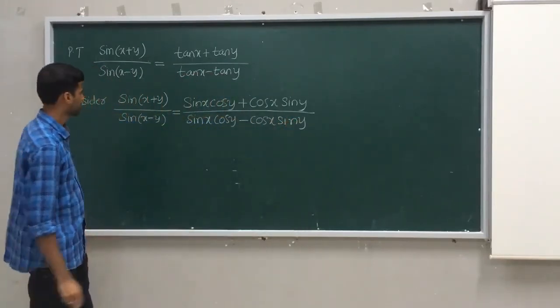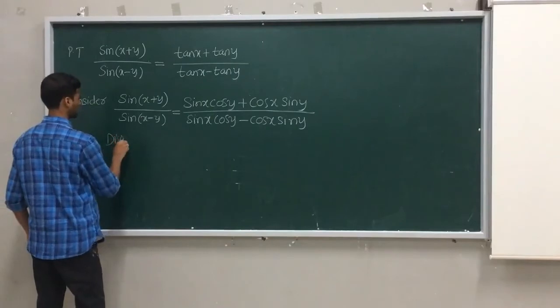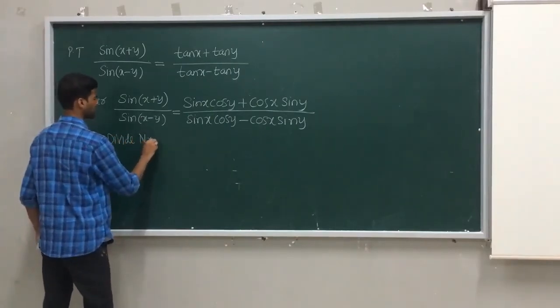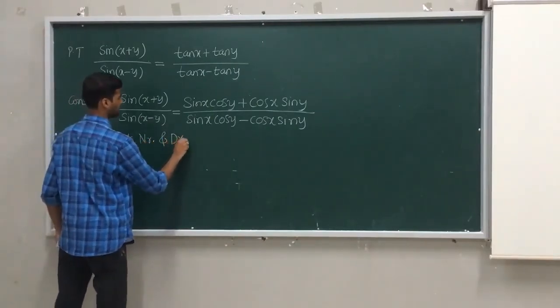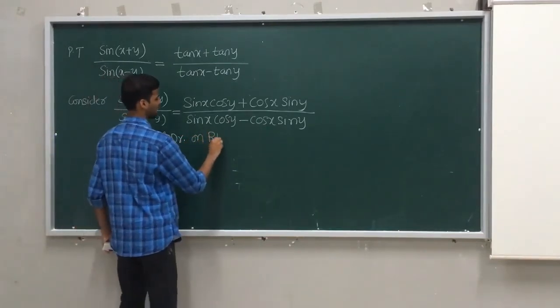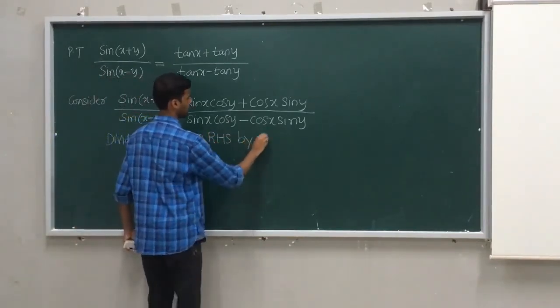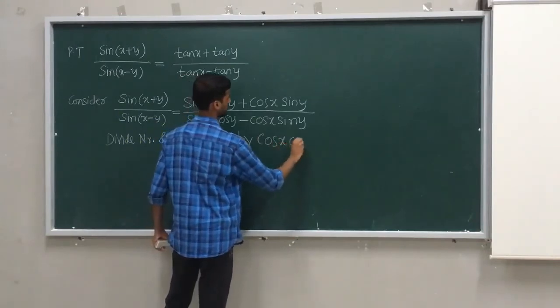Okay, divide the numerator and the denominator on the right-hand side by cos x cos y. Just think why.